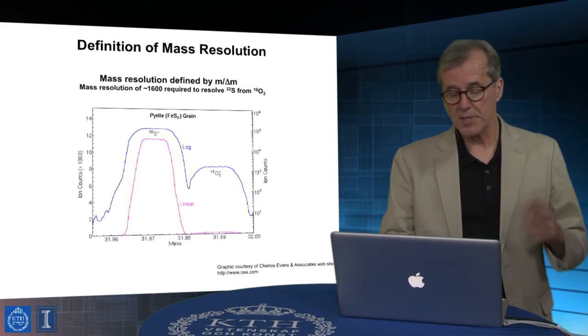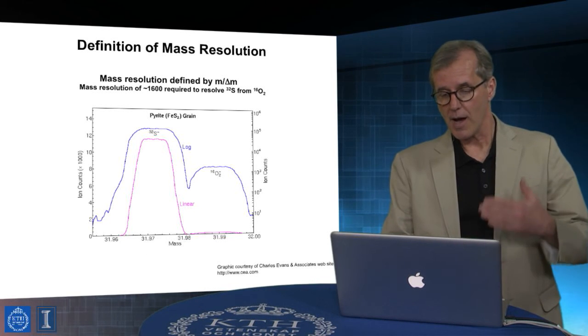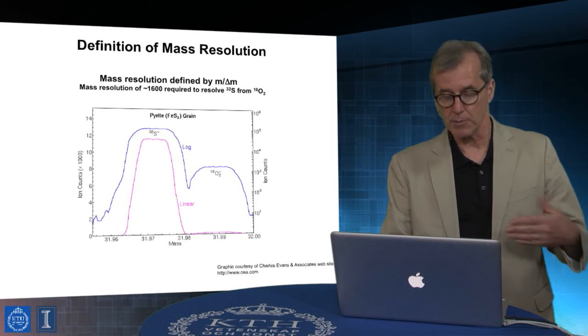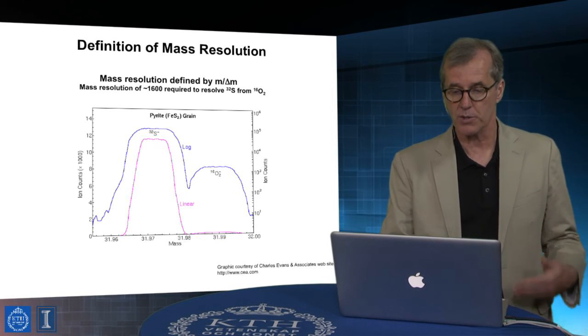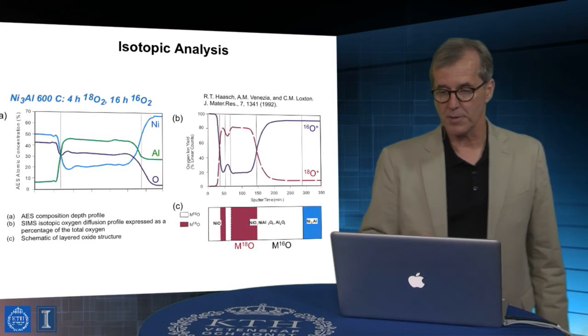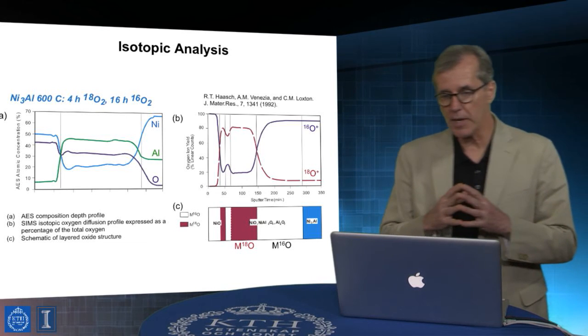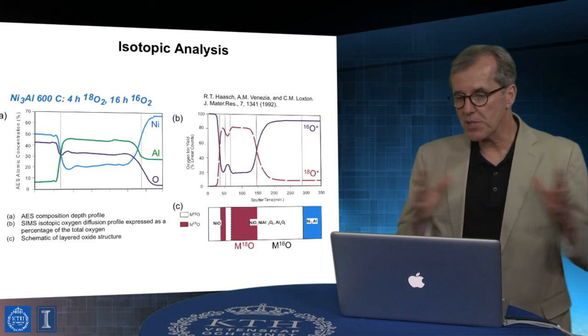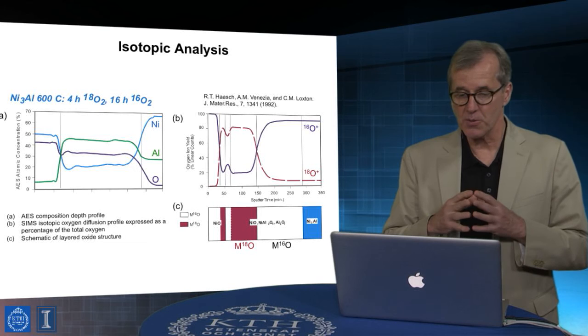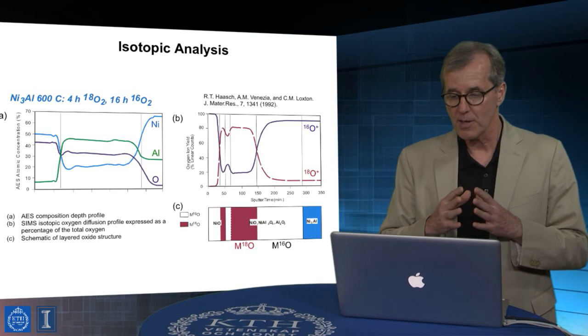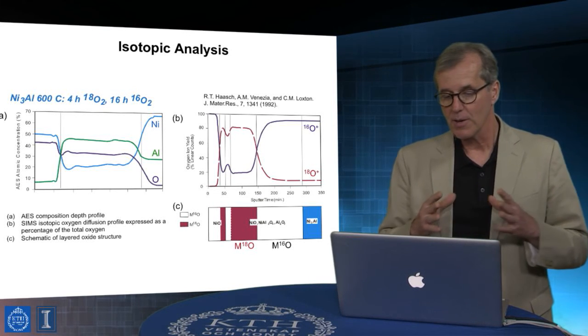So mass analyzers are not only high sensitivity detection elements, they're also very high resolution detection elements. And because of this feature, it allows you to do some pretty spectacular measurements.